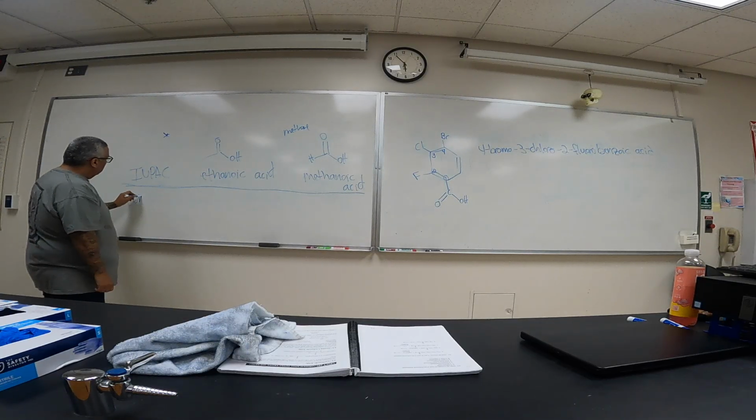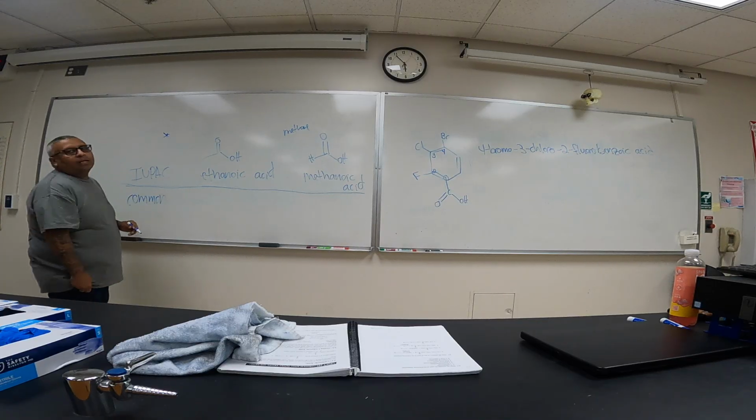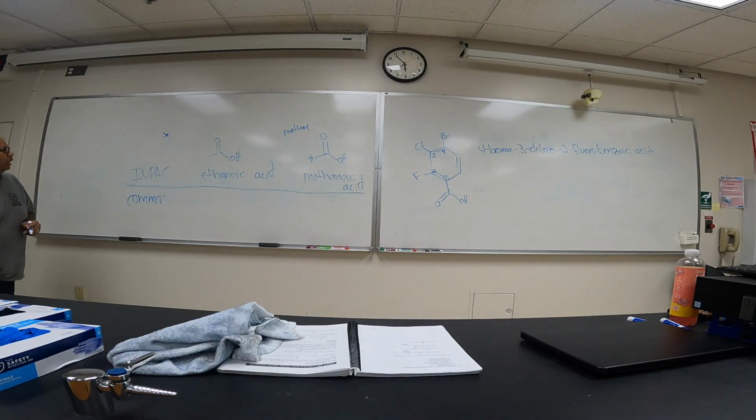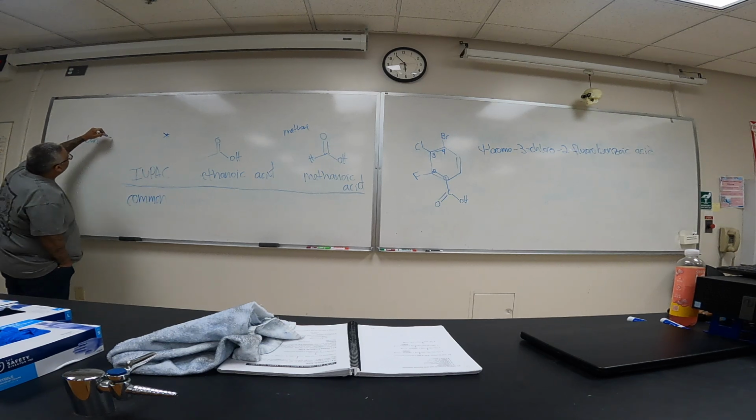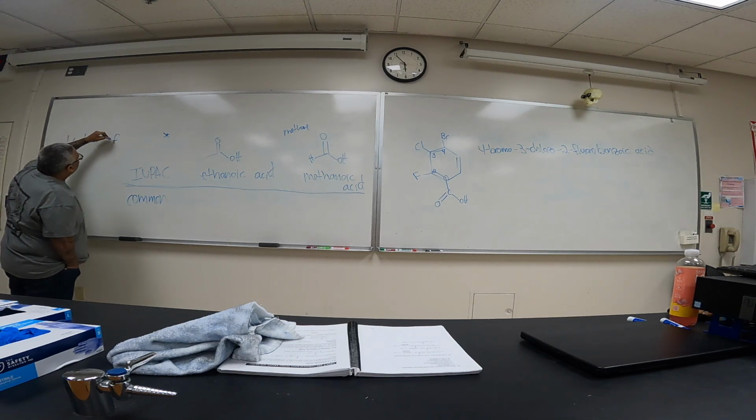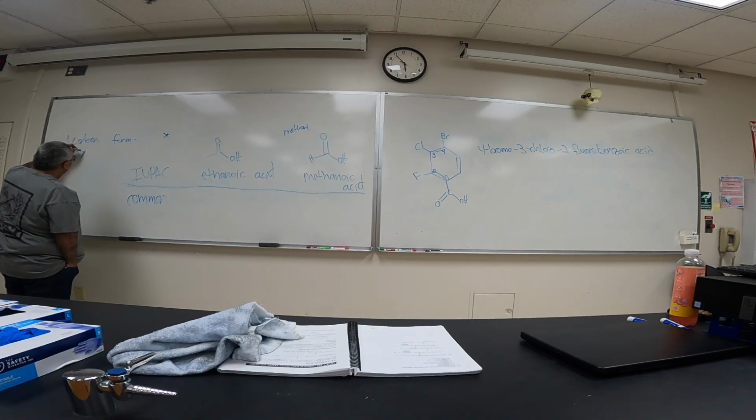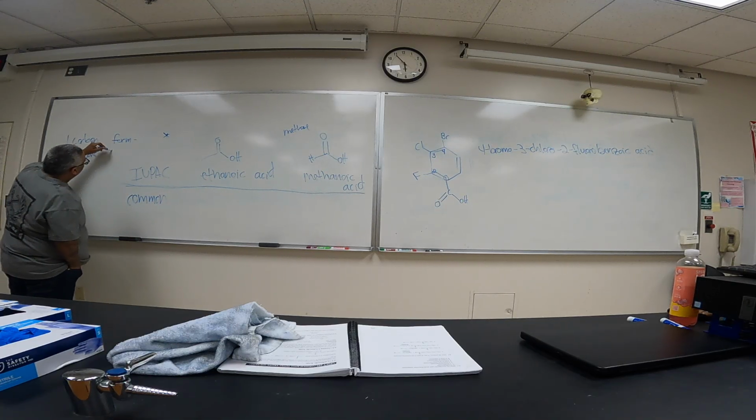We also need to learn the common names for these. Just as a reminder, if we're using common names, one carbon uses the prefix form, and two carbons uses the prefix acete.